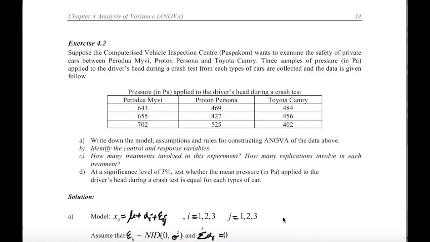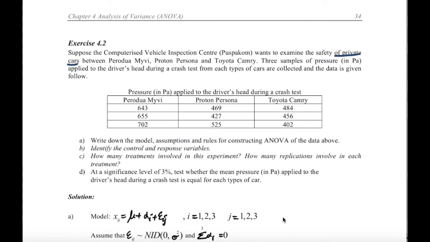4.2. Suppose the computerized vehicle inspection Puspacom was to examine the safety of private cars between Myvi, Persona and Toyota Camry. 3 samples of pressure applied to the driver's head during a crash test from each type of car are collected and the data is given as follows. So they talk about the safety of the private cars.